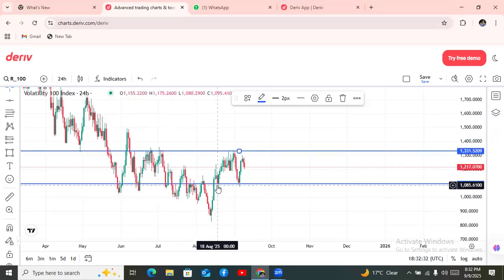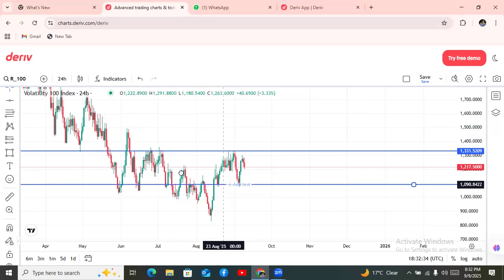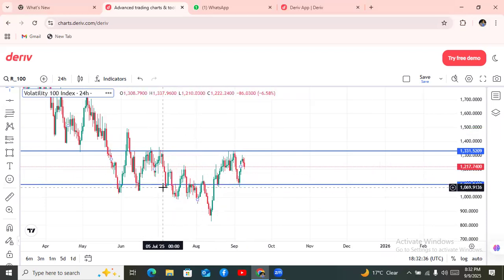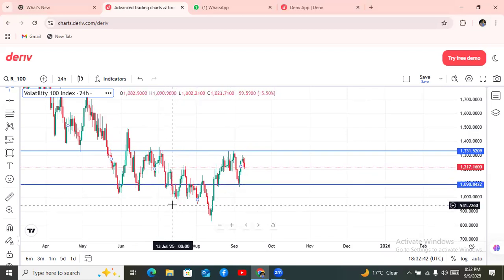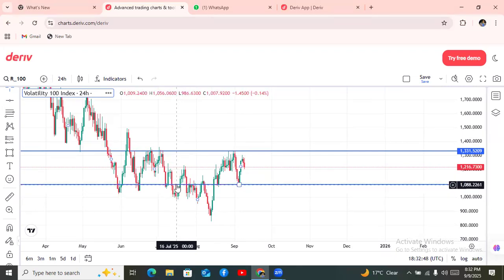Now, if we look at this level, price reacted at that particular level because it never went down. It also reacted there as a resistance, but this level was also converted into a support at this particular time.